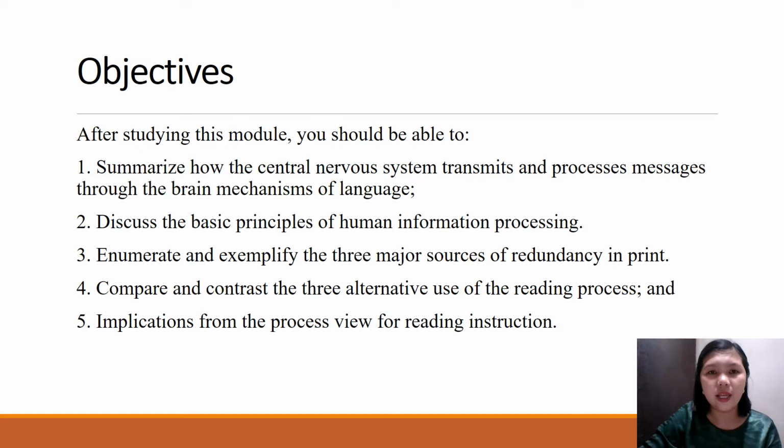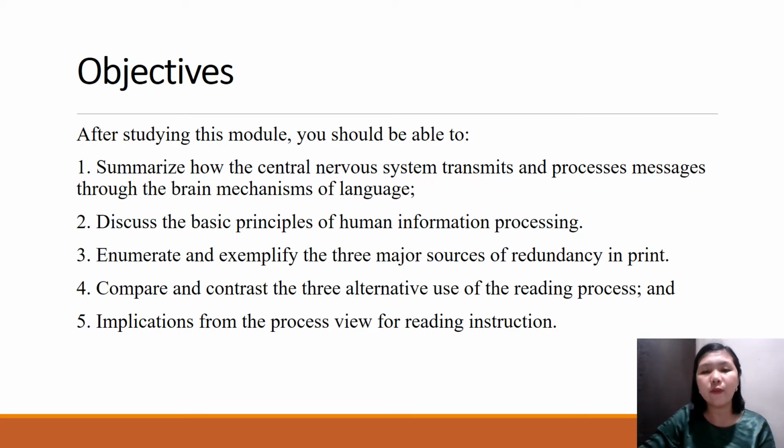Before we start, let us first know the objectives. After studying this module, you should be able to: Number 1, summarize how the central nervous system transmits and processes messages through the brain mechanism of language. 2. Discuss the basic principles of human information processing. 3.